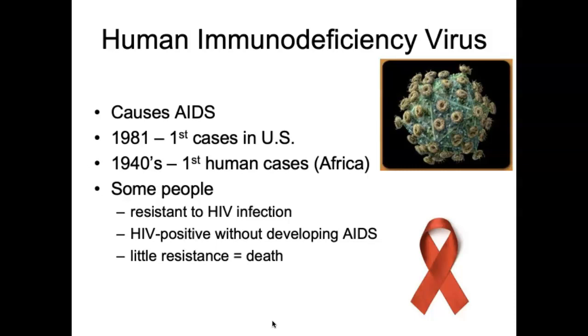So, what's our risk? What's our concern? Well, some people, believe it or not, are actually resistant to HIV. They don't get HIV. They're immune to it. Other people can get infected by HIV and they'll be HIV positive, but they never progress to AIDS. AIDS is the acquired immune deficiency syndrome.